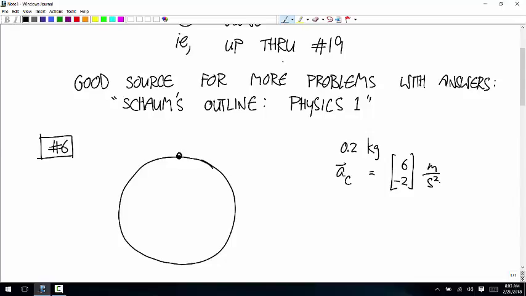And the object's moving clockwise with an angular velocity of 8 radians per second. And the radius of the circle is 0.4 meters.